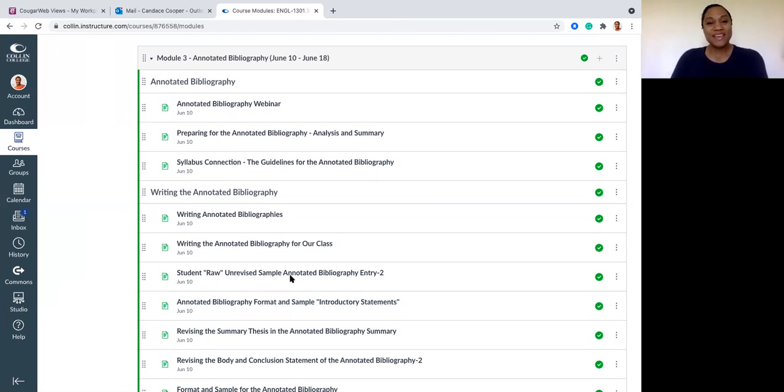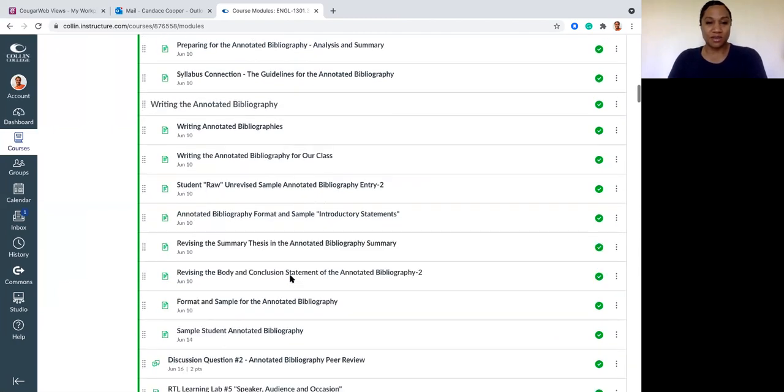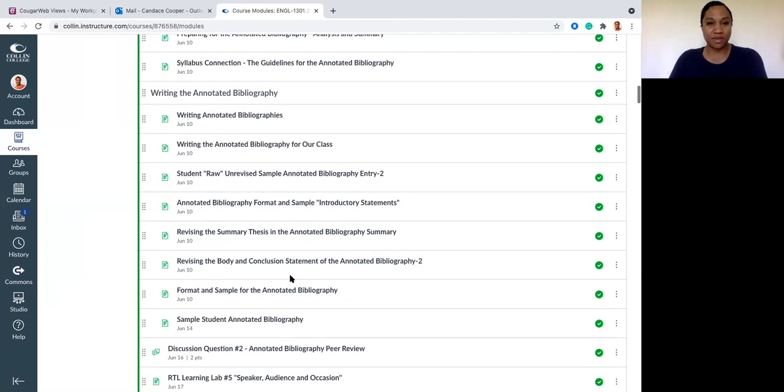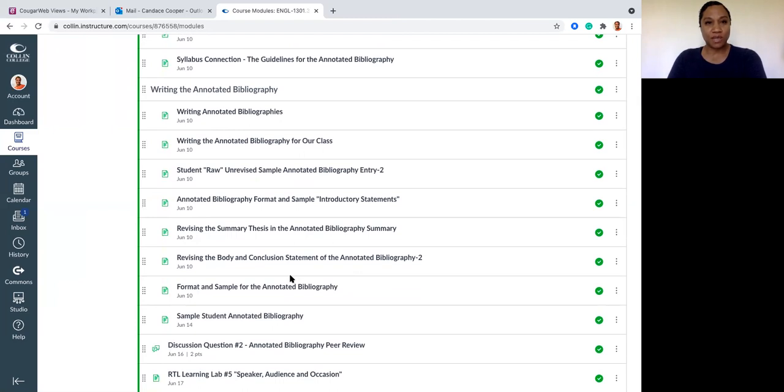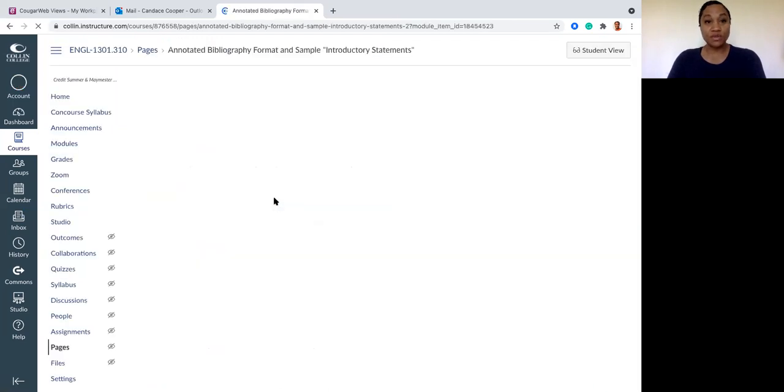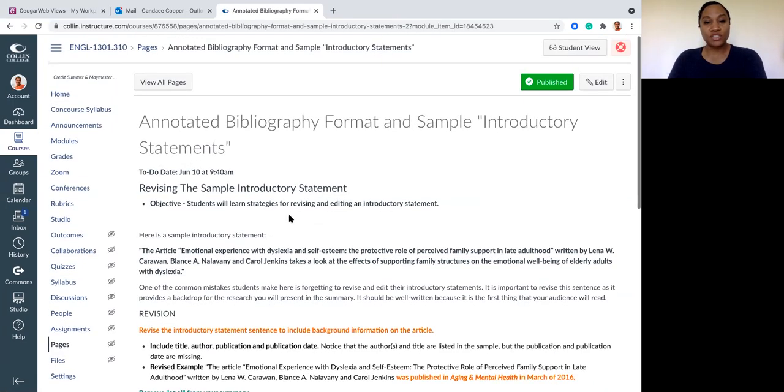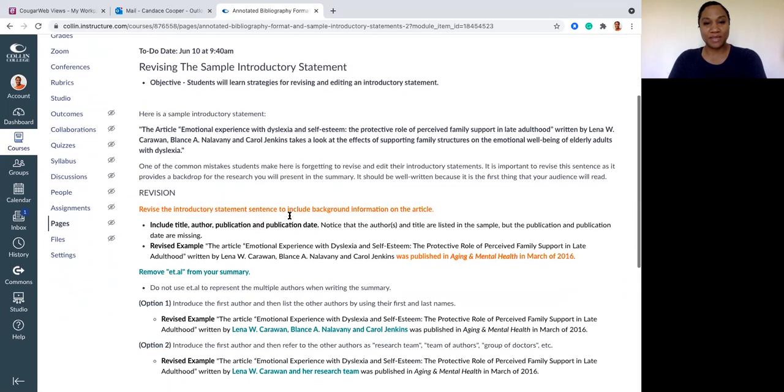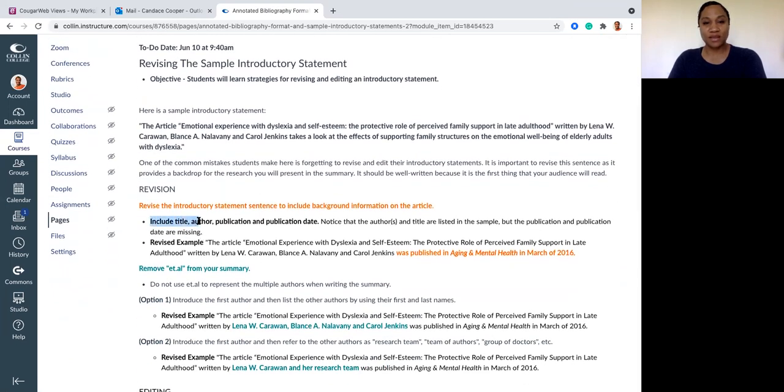quotes. For the annotated bibliography, we should at this point be pretty familiar with the elements of the annotated bibliography. So, for instance, everyone should have an introductory statement that includes the title, the author, publication, and publication date.